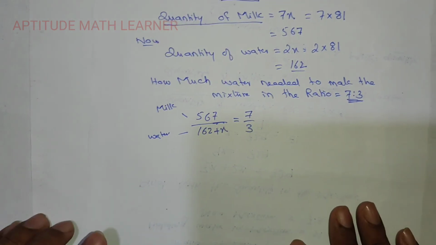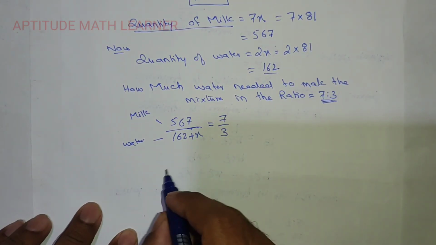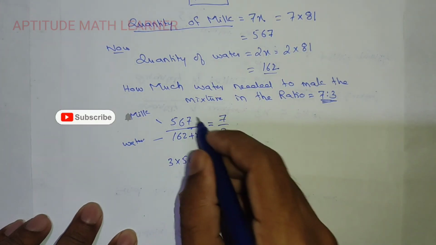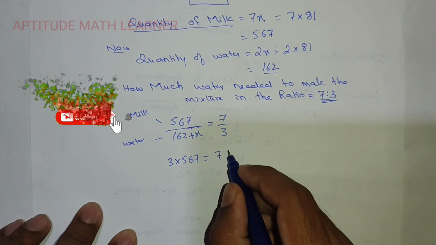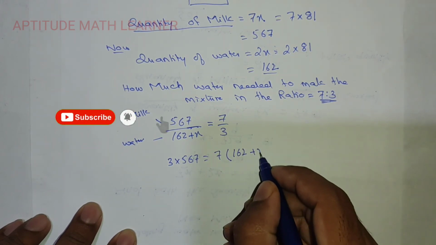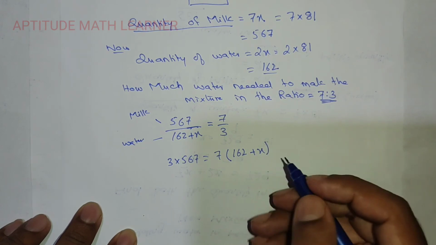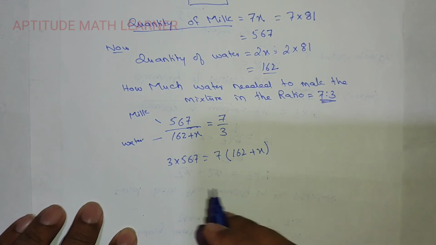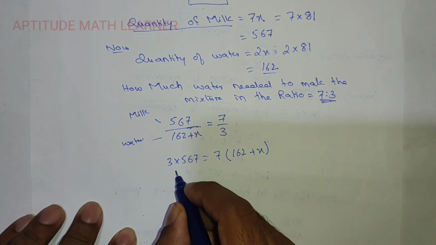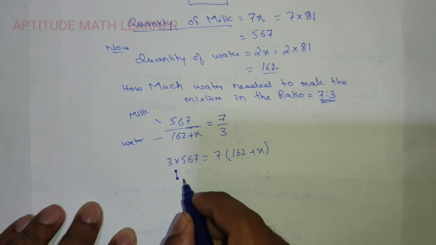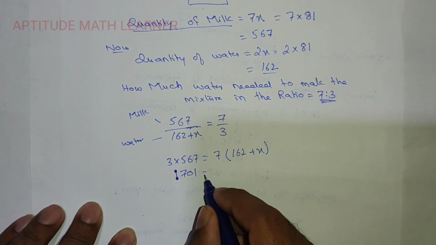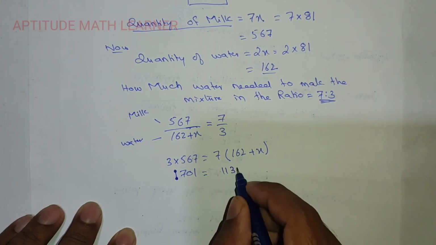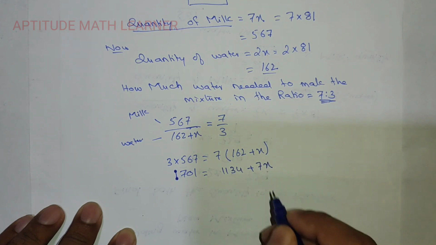To find x, we cross multiply. So 3 multiplied by 567 is equal to 7 multiplied by 162 plus x. 3 multiplied by 567 gives 1701, which is equal to 7 multiplied by 162, that is 1134, plus 7x.